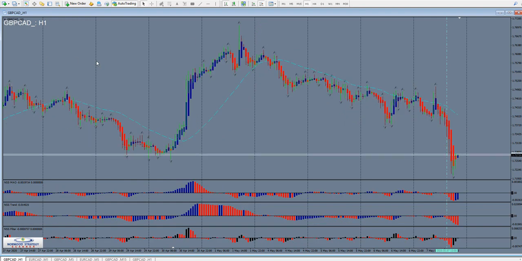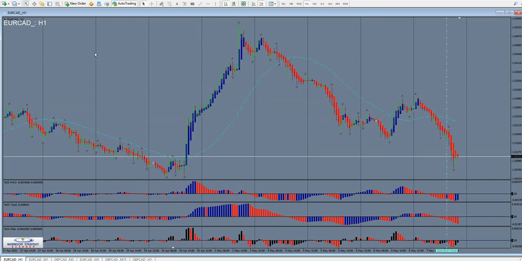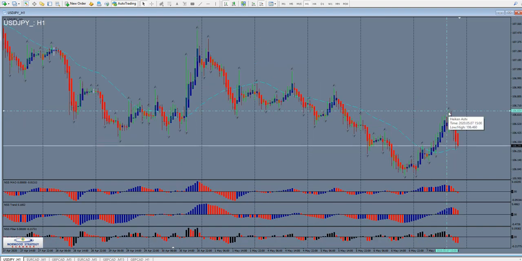And here's another one that met the criteria right off the bat. And here's another one that wasn't quite ready, but it did come into compliance pretty quickly. This one possibly may not be trading at all from that time because it's still on the opposite side of that moving average. So you get the idea.